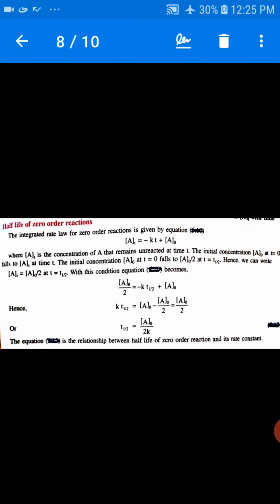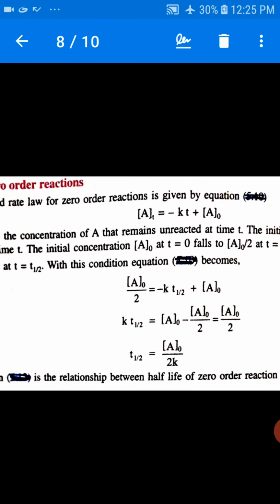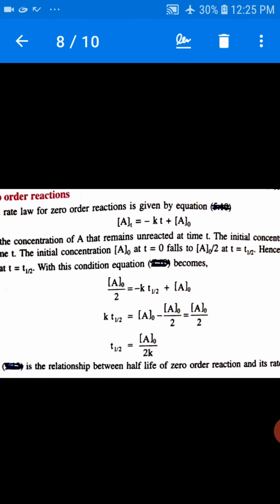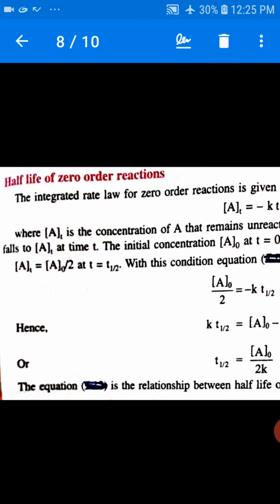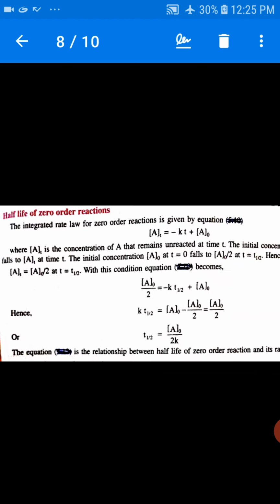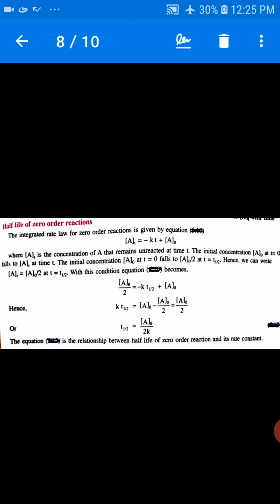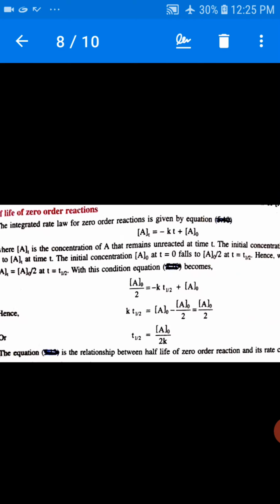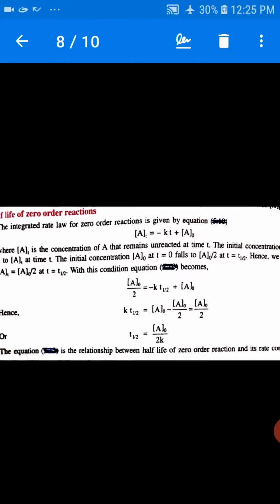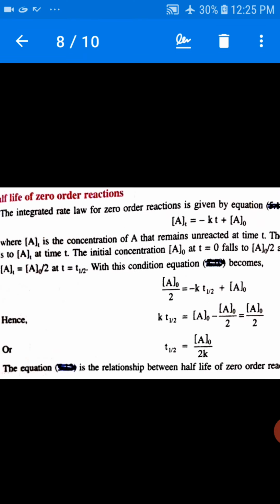The integrated rate law for the zero order reaction is given by At equal to minus Kt plus A0, where At is the concentration of A that remains unreacted at time t. The initial concentration A0 at time equal to 0 falls to At at time t, that is, the initial concentration A0 and with time t it becomes At.